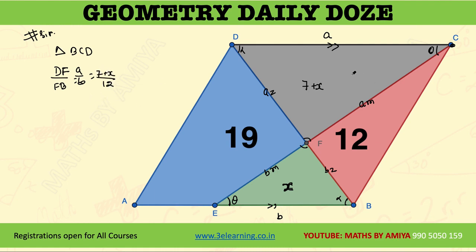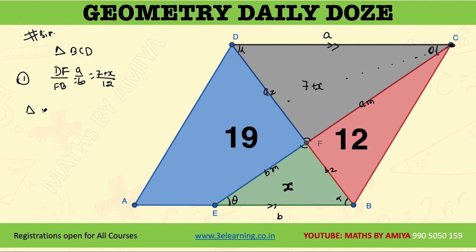How come? If we draw a perpendicular line, this is the height. The height of both triangles, the black triangle and the red triangle, is the same. Due to the common vertex and the common base, the area ratio should be the base ratio, that is A is to B. So this one is our first outcome.